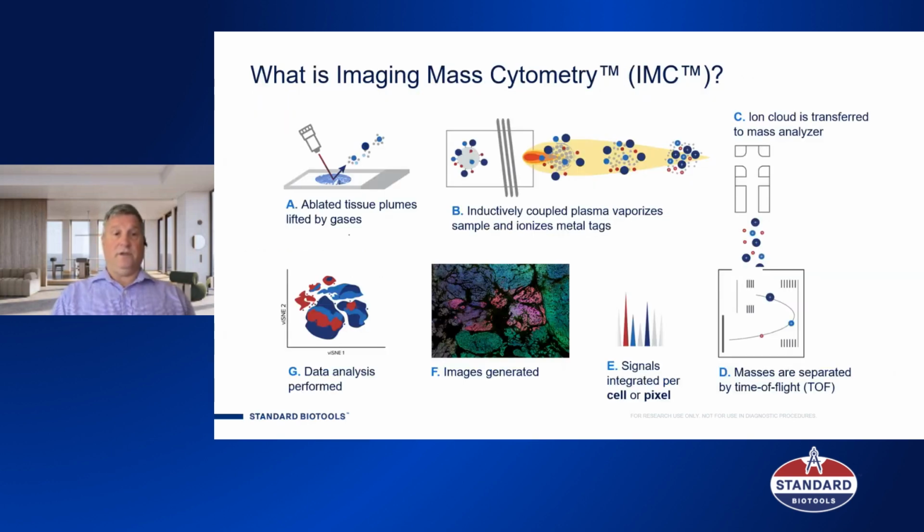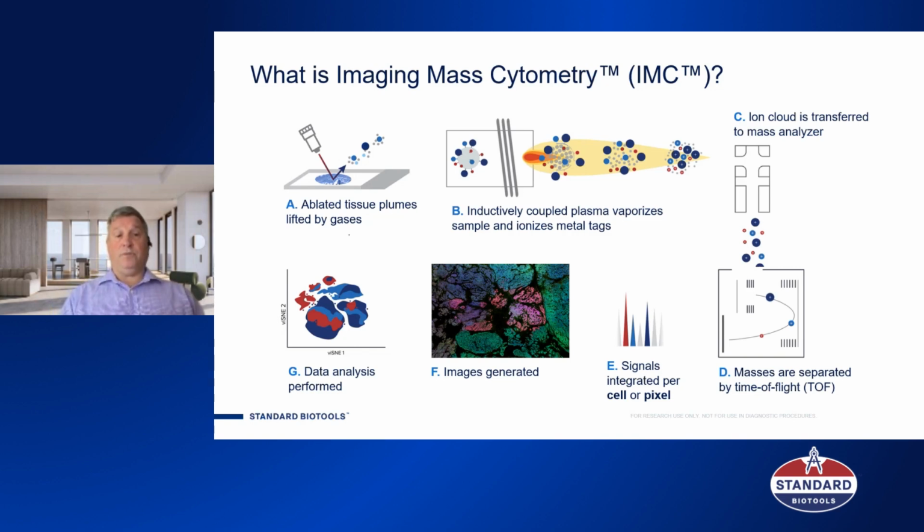Imaging Mass Cytometry. Imaging Mass Cytometry is a multiplexed pathology method, but it does not use fluorescence. Instead of using a camera as a detector, we use a mass spectrometer. So what that means is we put metal-labeled antibodies onto tissue. We then ablate that tissue. We blow it up.